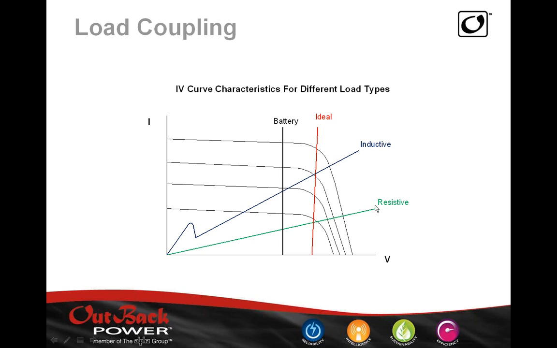Here's the behavior of a resistor if you connect a resistor to the PV array, here's how an inductive load would behave, here's how a battery load would behave, and here's an ideal load. This is exactly what we do, because our inverters track and look for the maximum power point, independent of how much sun there is. We basically provide an ideal load to that array.